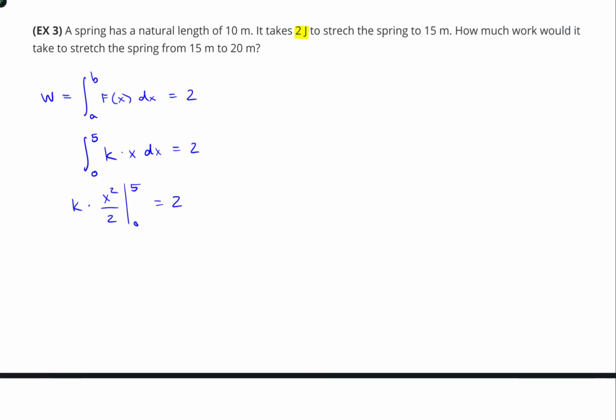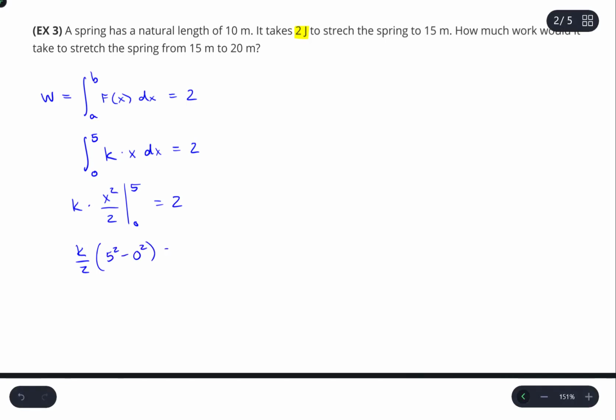Now I have k divided by 2 times, when I plug in 5 and 0, 5 squared minus 0 squared, of course, is just 0. So it looks like I have 25k over 2 equals 2, or k is 4 over 25.